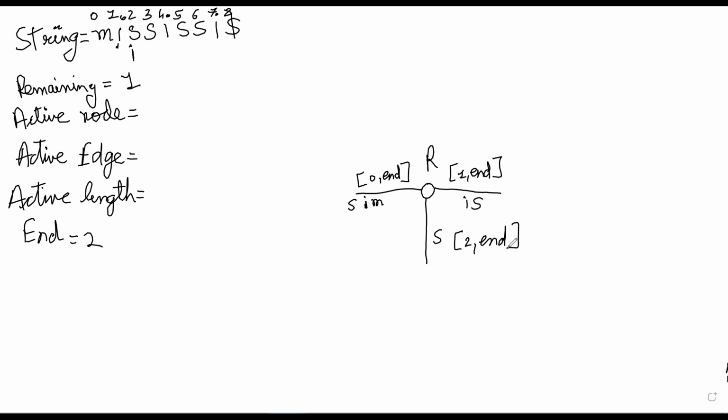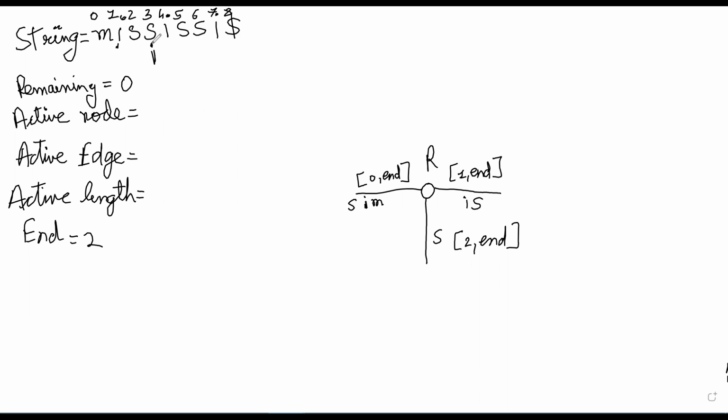Now as we have reached our character S, we're going to decrement our remaining by 1, which will be 0. Now as the remaining is 0, we can increment our I, which is pointing at S again, but at a different index, that is 3.